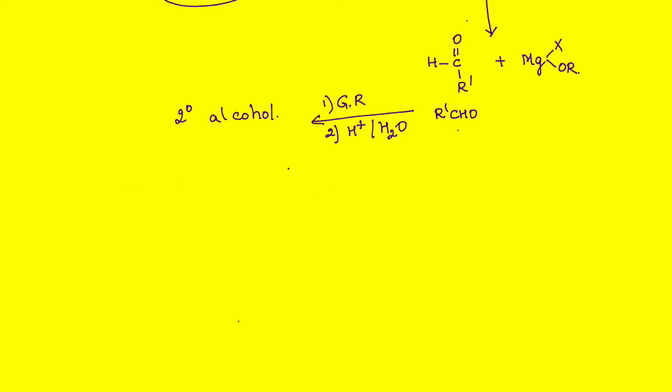I'm going to give you a challenge question as well. HC double bond O, C2H5 reacting with C2H5MgBr. Go ahead, write all the steps of this reaction.